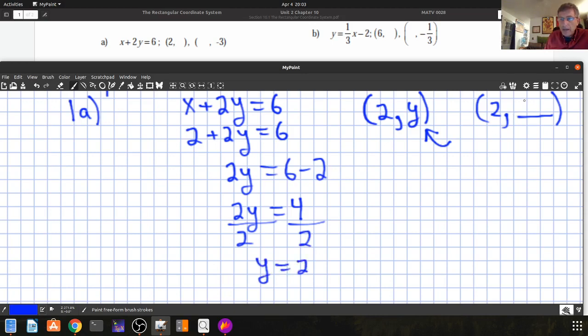So it turns out that the ordered pair 2, comma 2 is a solution to this equation. Now, the second thing that they've done is they said, okay, we found one ordered pair solution. I gave you x, you find y. So now let's see if they can do it the other way.